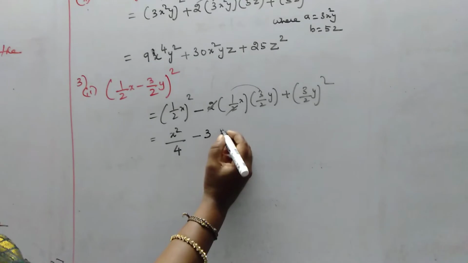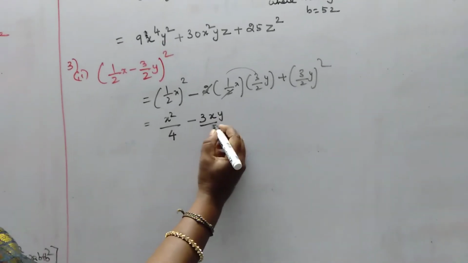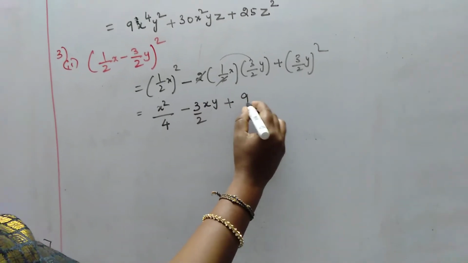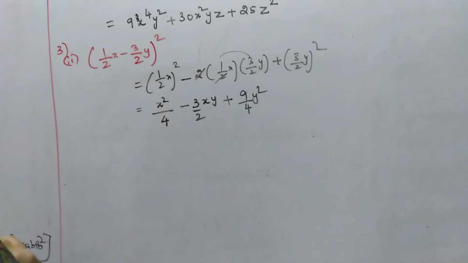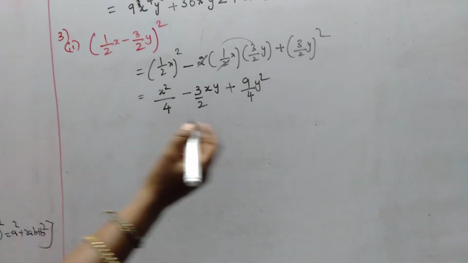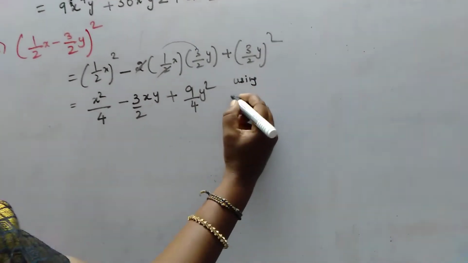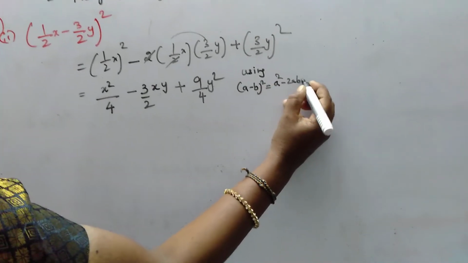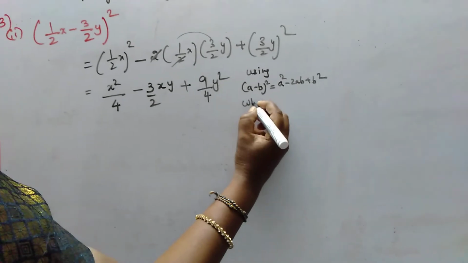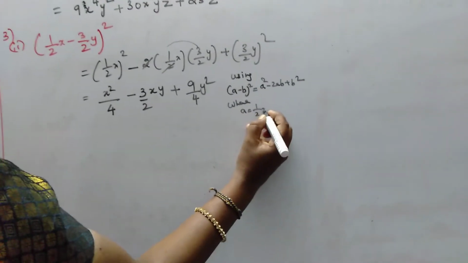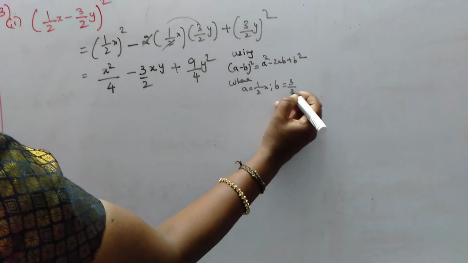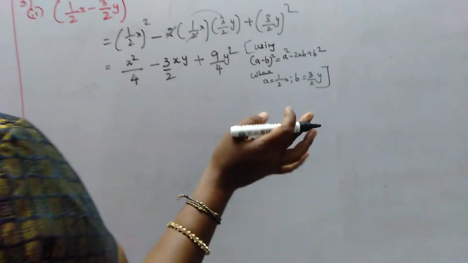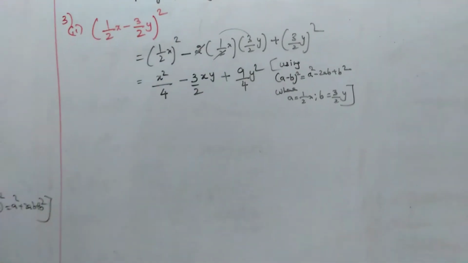So minus 3 by 2 xy, then plus 9 by 4 y square. Using the (a minus b) the whole square formula, where a equals 1 by 2x and b equals 3 by 2y. Just for understanding I am writing all this. If you understand, there is no need to write all this; only the expansion alone is enough.